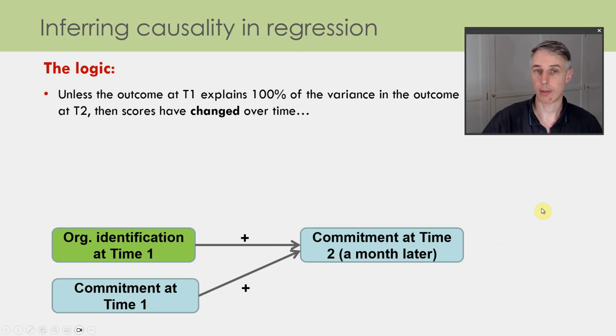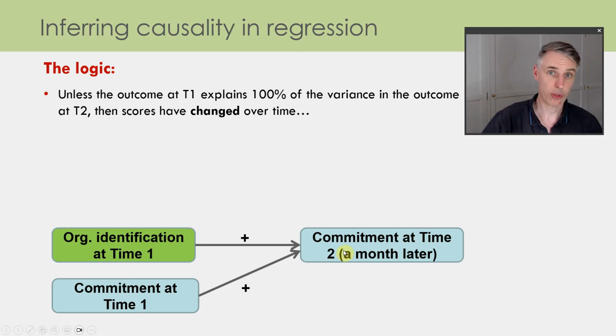So what's the logic here? Well, unless the outcome variable at time 1, let's say commitment at time 1, explains 100% of the variance in time 2 commitment, then it means that scores have changed over time. Let's say it explains 60% or 70% of the variance in commitment at time 2.